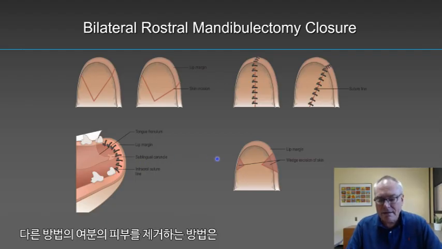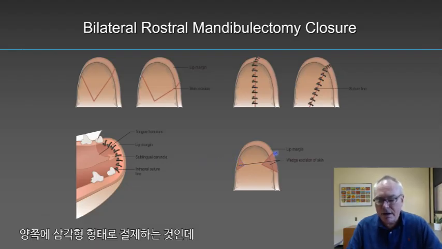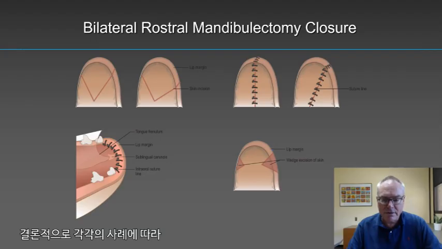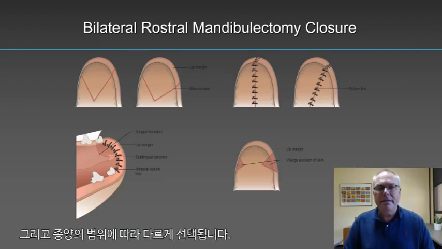Another method of removing redundant skin is to remove two triangles of skin on either side of the lower jaw, and the advantage of that is that the lip margin remains preserved. So this is all determined by the individual case and by the extent of the tumor.